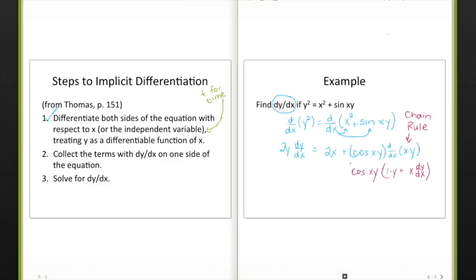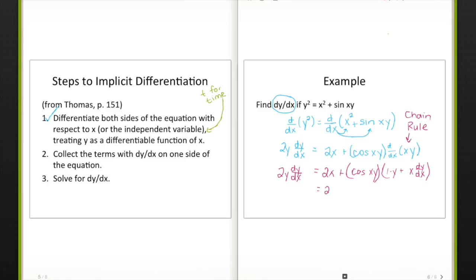All right, so now we've differentiated all parts of this equation, leaving us with 2y dy dx equals 2x plus cosine xy times y plus x dy dx. It sounds like a mouthful, but the hard part's done.